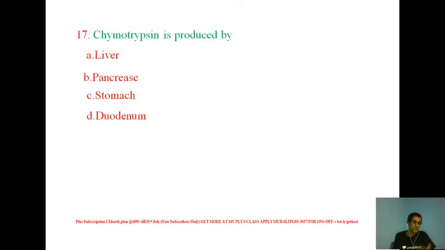Exocrine part produces the enzymes and juices. So pancreas is called a heterocrine gland. Yes, Sonika, you are right. The hormones are in the endocrine system. So the answer for the 17th question is B.